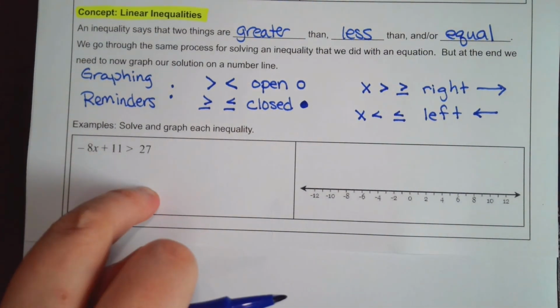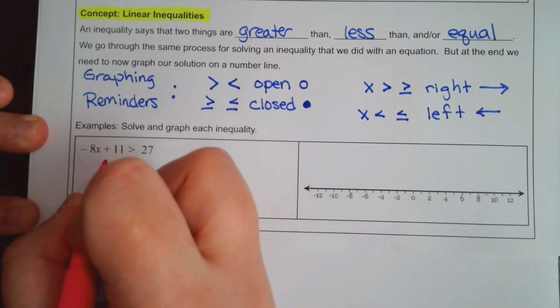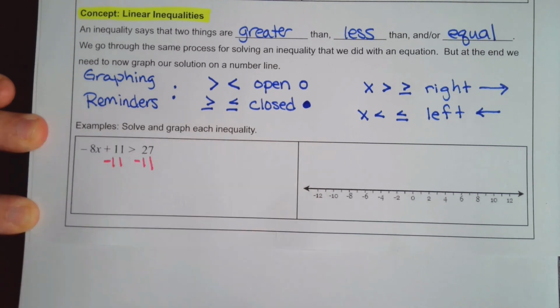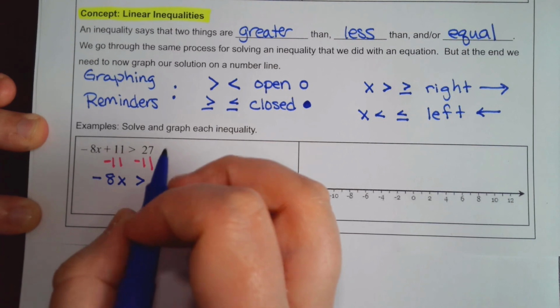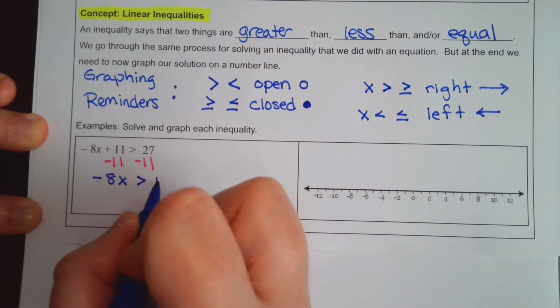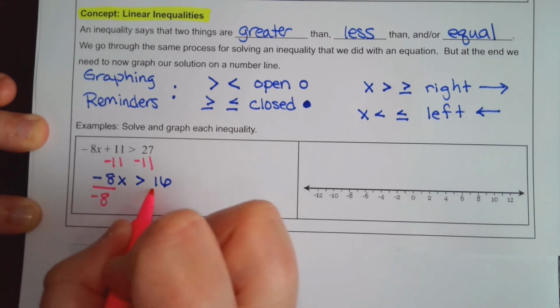So now, let's solve and graph. First thing I'm going to do is I'm going to subtract 11 from both sides. So negative 8x is greater than 16. And then I'm going to divide by negative 8.